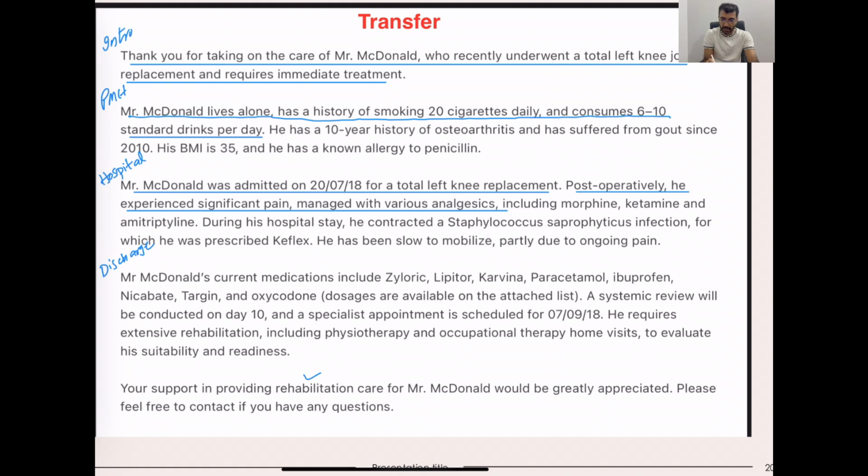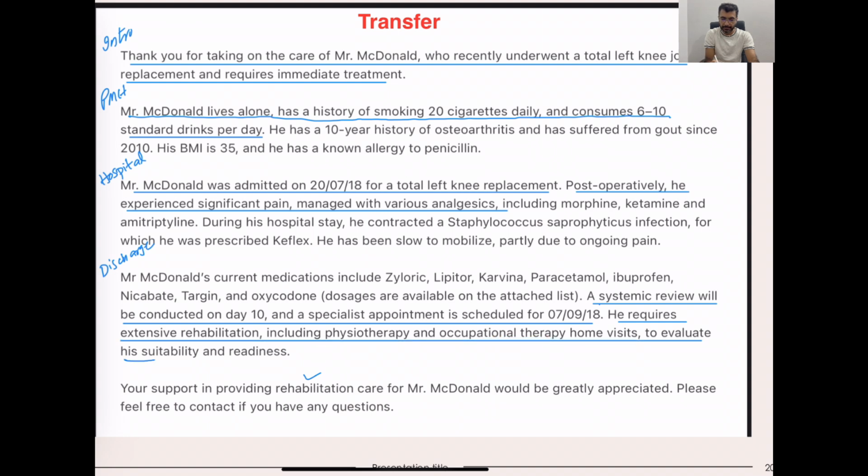Then some plans we have for the patient, like a systemic review will be conducted on day 10 and a specialist appointment is scheduled on this date. It requires extensive rehabilitation, including physiotherapy and occupational therapy home visits to evaluate suitability and readiness.